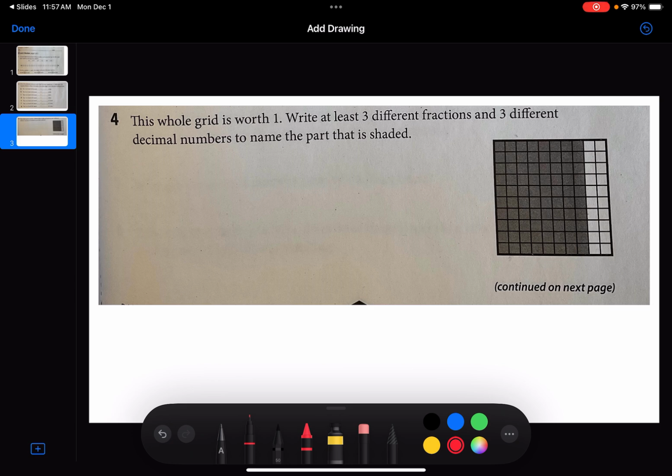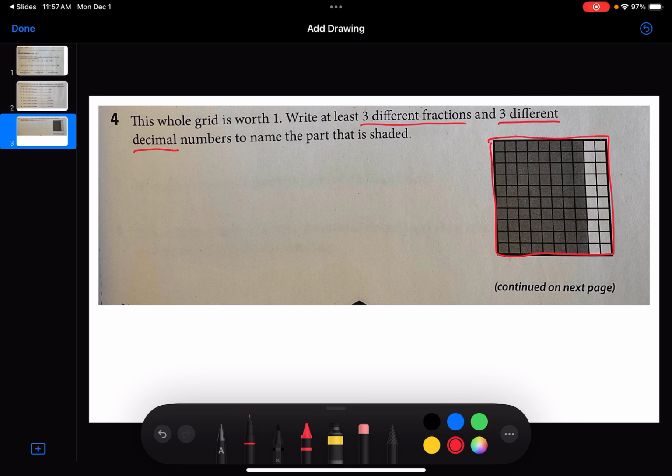Number 4, the whole grid is worth 1. Write at least 3 different fractions and 3 different decimal numbers to name the part that is shaded. We want 3 fractions and 3 decimal numbers. Now this whole grid is 1. So if you remember back, we're going to think of this as one waffle.